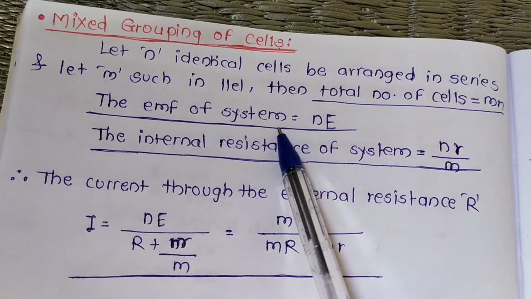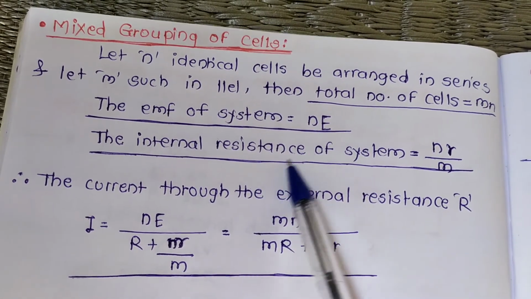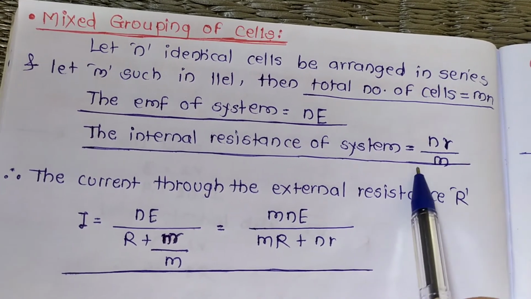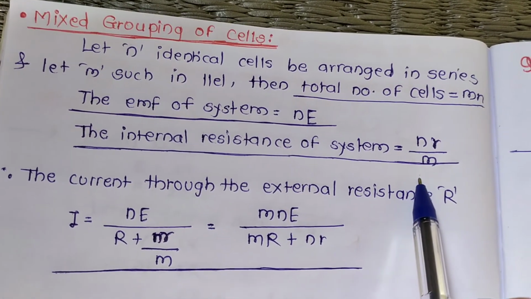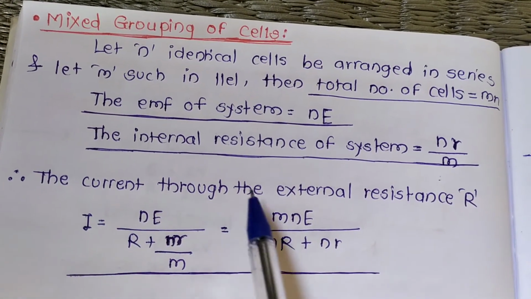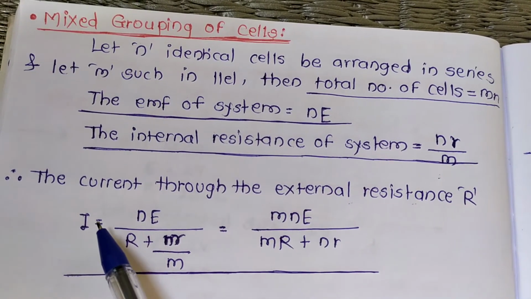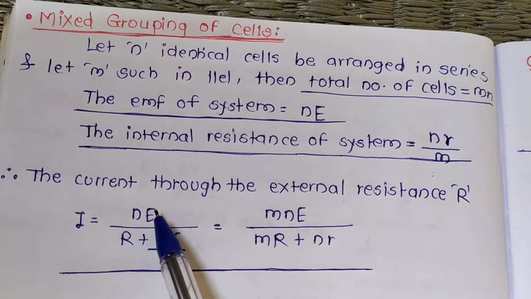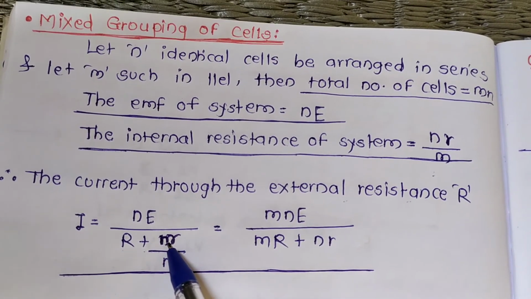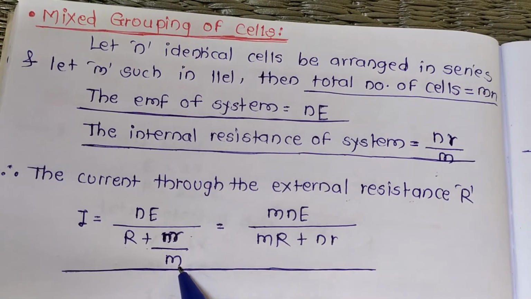The EMF of the system is n into E. The internal resistance of the system is n into r divided by m. Therefore, the current through the external resistance R is I equal to n into E divided by R plus n into small r divided by m.